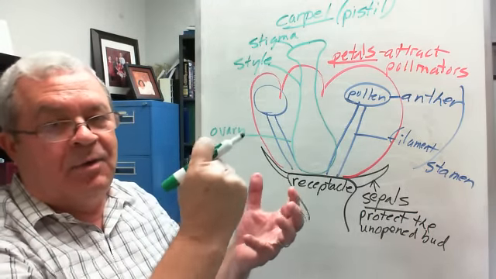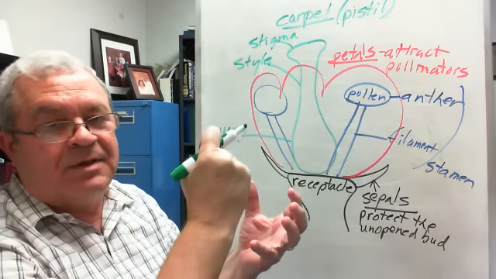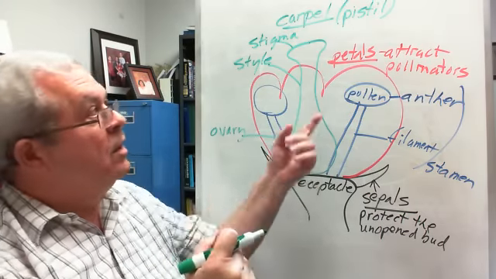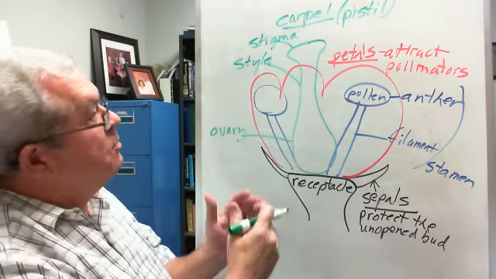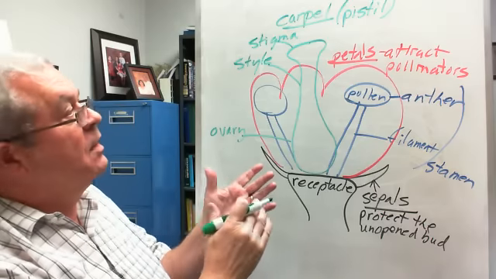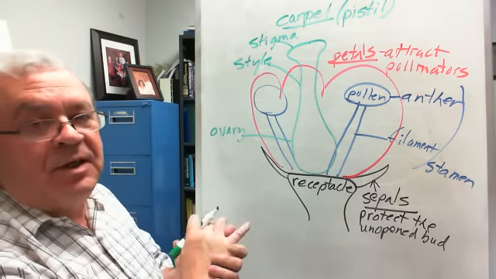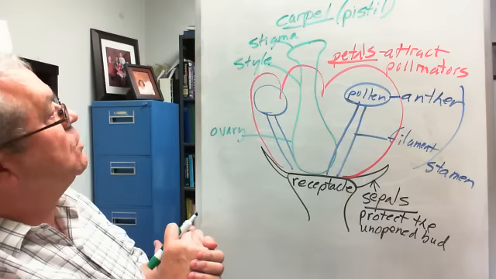Druggists have a bowl with a grinding device in it. What's that called? Mortar and pestle? Well, pistil is pestle in French, and somebody saw this shape and said, oh, it looks like a pestle. So it's been called a pistil for a long time. Lately you see books calling it a carpel, but we'll call it a carpel or pistil.